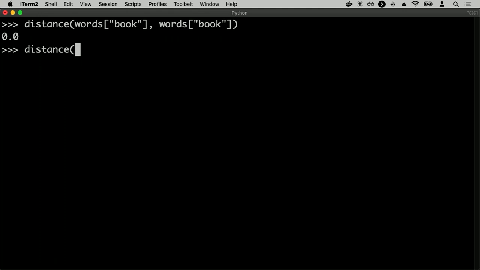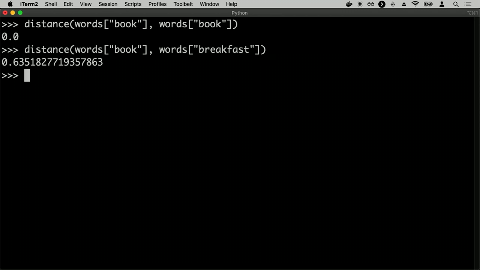But let's see how far away the word book is from a word like breakfast, where we're going to say 1 is very far away, 0 is not far away. All right, book is about 0.64 away from breakfast. They seem to be pretty far apart. But let's now try and calculate the distance from the word book to the word novel, for example.